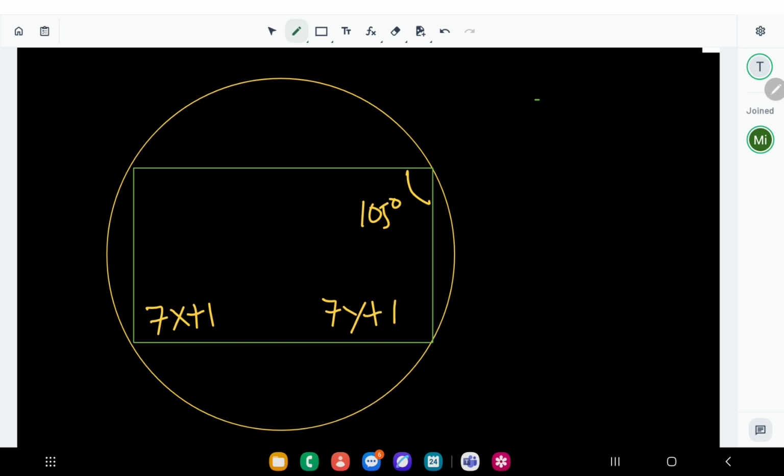And the other one is 4y plus 14. So solve for x and y. So 105, 7x plus 1, then 7y plus 1, and 4y plus 14.